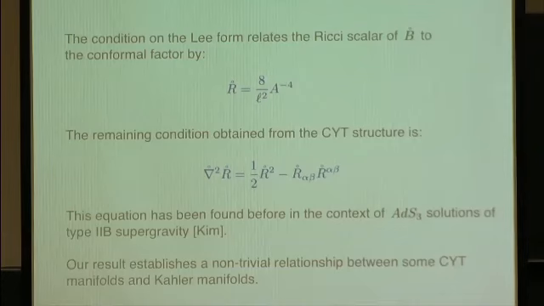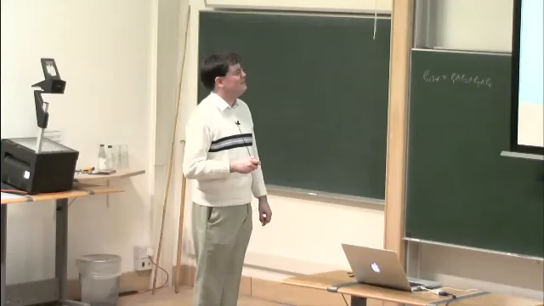There is one particularly interesting equation which you get at the end of this. First of all, you can look at the conditional Lie form, which relates the Ricci scalar of B circle to the conformal factor A by this.